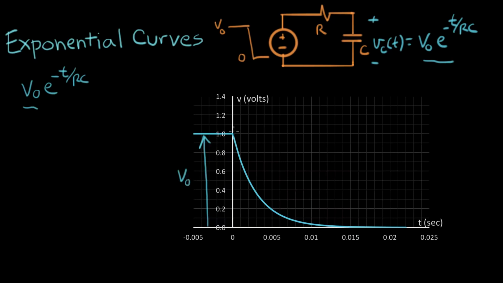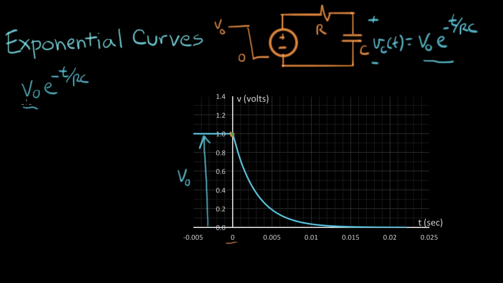Now we want to look at this point right here, right when it goes through time equals 0 and the curve starts to drop. We know how high it is. It's V naught volts high. What I want to look at now is what's the slope right at this point. The slope of a curve is the derivative of the curve evaluated at this time, at time equals 0.